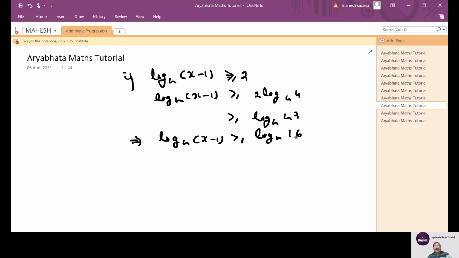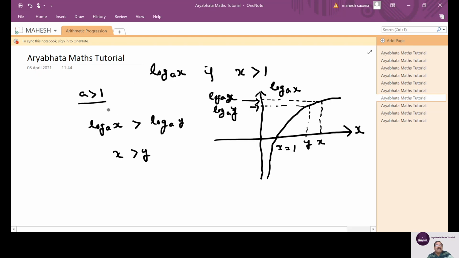Since in this case the base is 4, that is greater than 1, and we have already learned that when the base is greater than 1, if log base a of x is greater than log base a of y, then x will be greater than y.